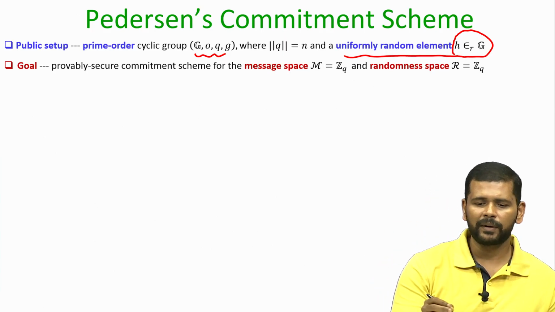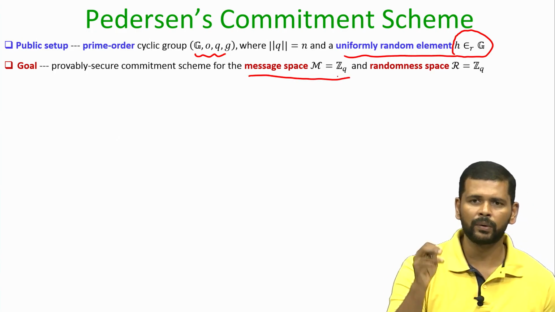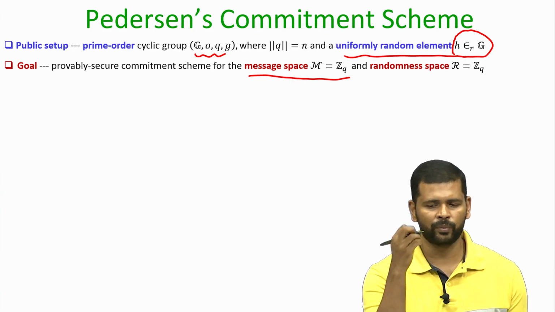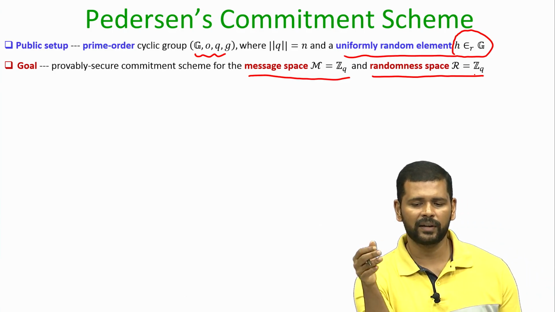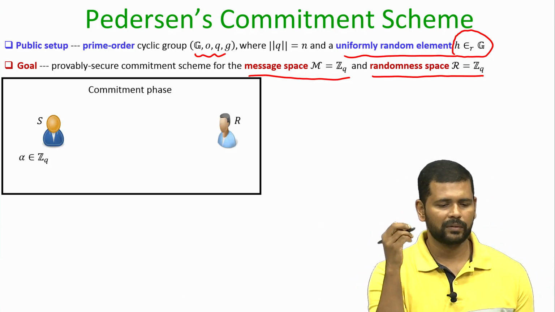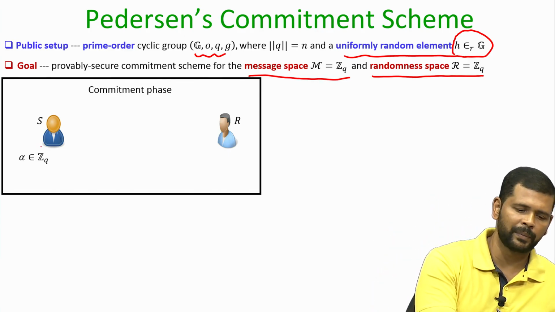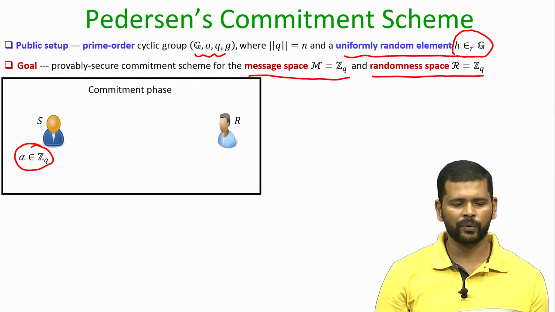And in Pedersen's commitment scheme, the message space is basically Z_q. That means the sender would like to commit any value in the range 0 to q minus 1, and the randomness space is also going to be the set Z_q. So, the commitment phase or the COM protocol is as follows. Suppose the sender wants to commit a value alpha, which could be any value in the range 0 to q minus 1.